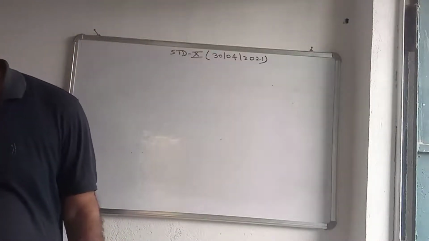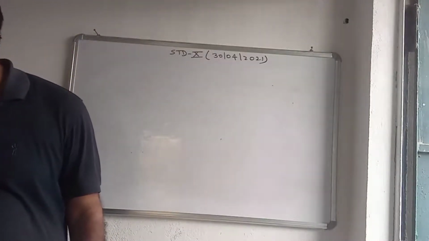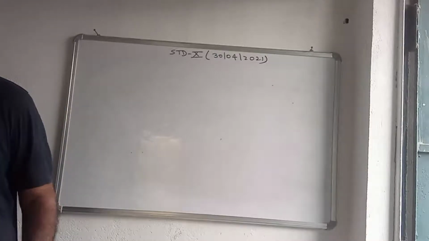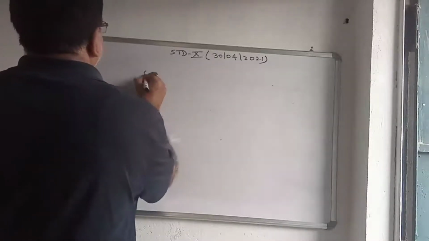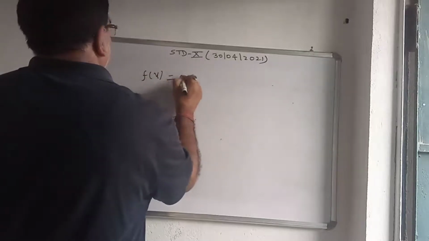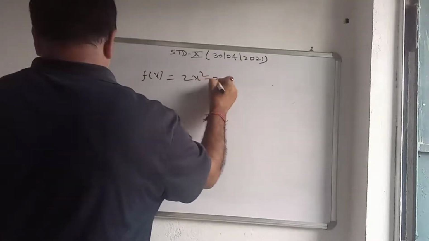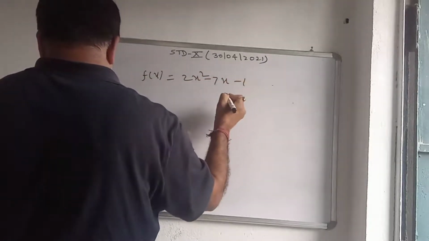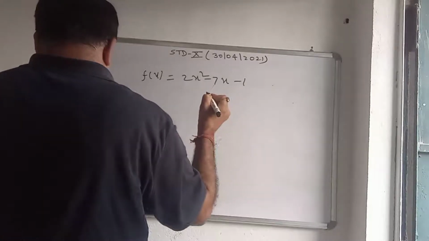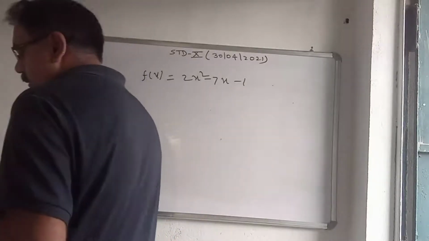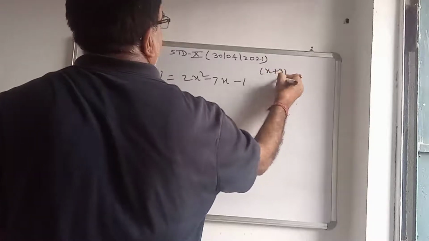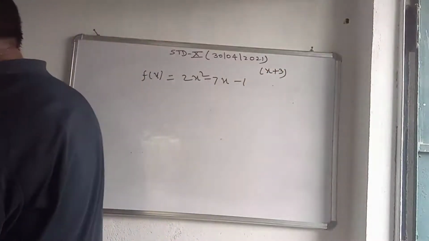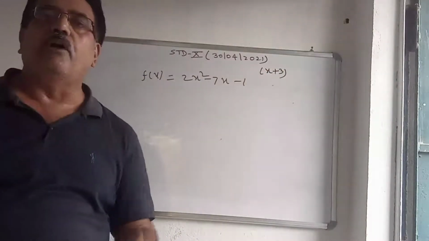See the question. What type of question is it? If f(x) is given as 2x squared minus 7x minus 1, and x plus 3, find the remainder without division.